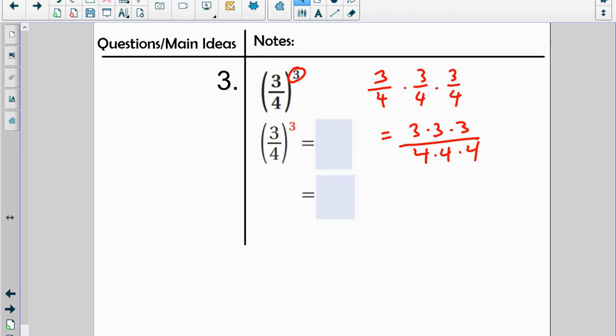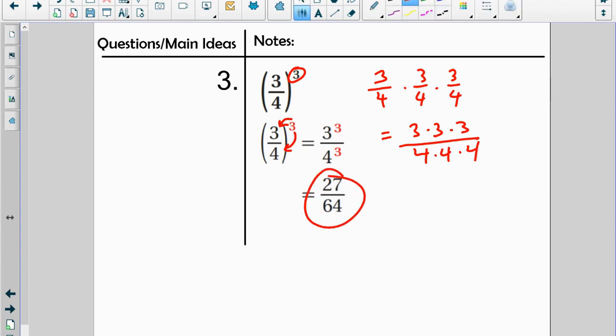Now my property would tell me just distribute the exponent. Apply the exponent of 3 to the numerator and the denominator, and that's what we have visualized there. And then simplify each part. Well, 3 times 3 times 3 is 27. 4 times 4 times 4 is 64. So it becomes 27/64.